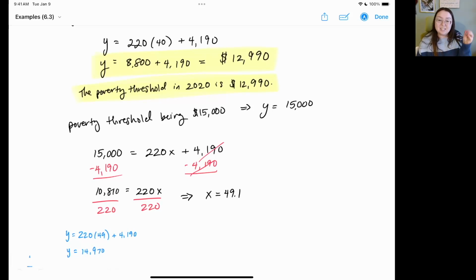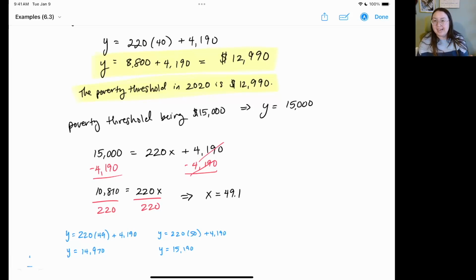So that does not reach 15,000, but the next year would be year 50. So we can try out 50 as well. 220 times 50 plus 4,190, we can use our calculator and figure out that this would give us 15,190.